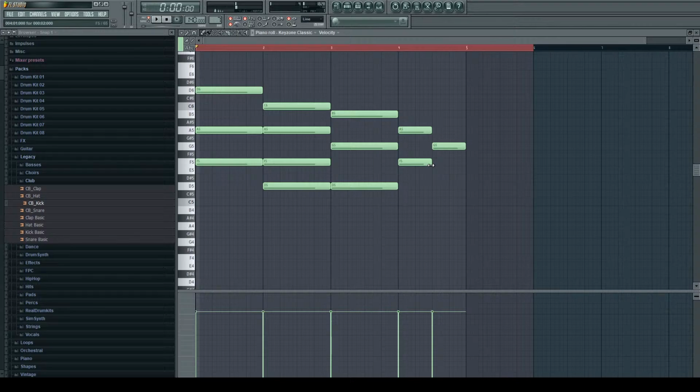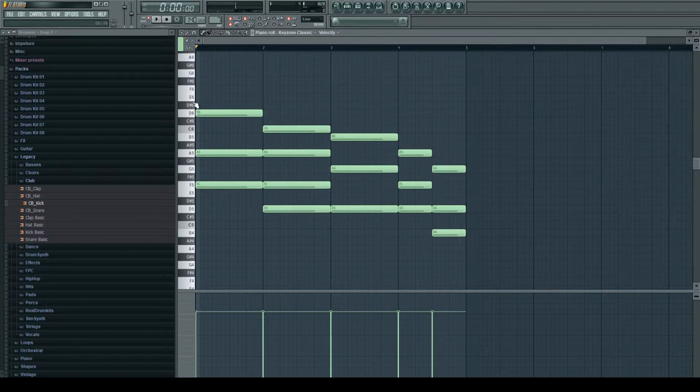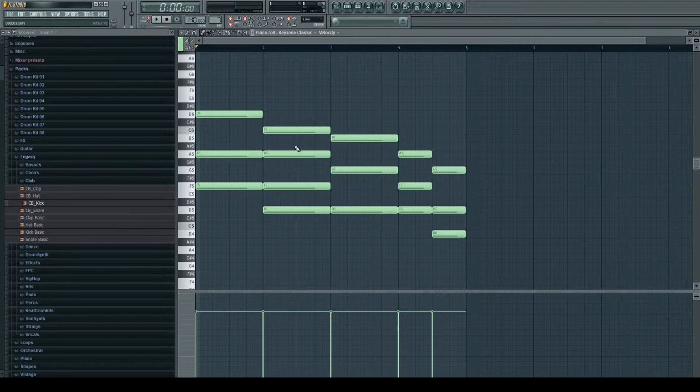Then D minor again. And then G major. See? Before that, I avoided that C because it isn't actually part of the 3 notes of a D minor. But now we're using 7s, it is now a part of it. Right? You guys get it?